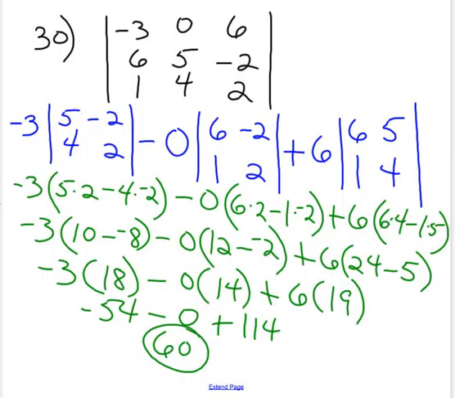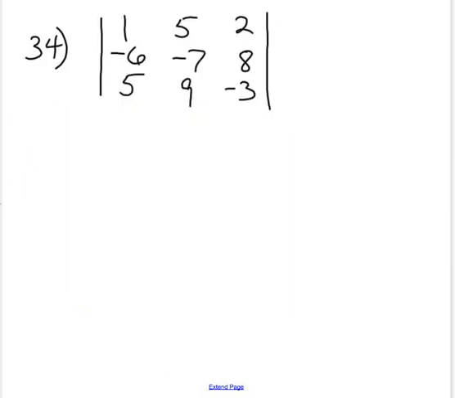Last problem we're going to look at is problem number 34, which is also finding the determinant of a 3 by 3 matrix, but this time using diagonals. There's the original problem. I start by rewriting the first two columns to the right of the determinant. So all I am doing is recopying column 1 and column 2.